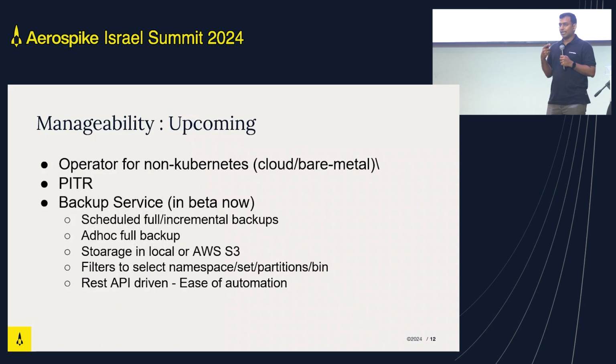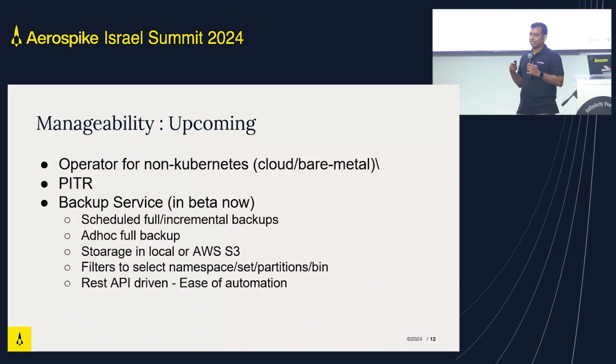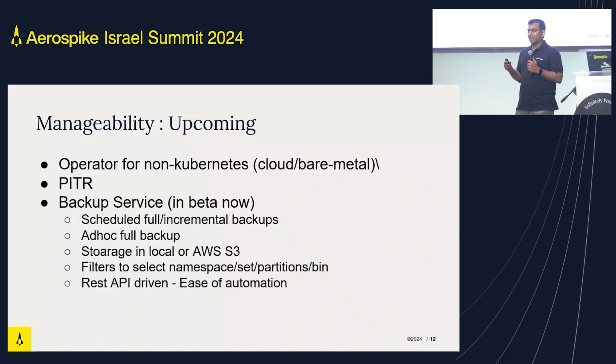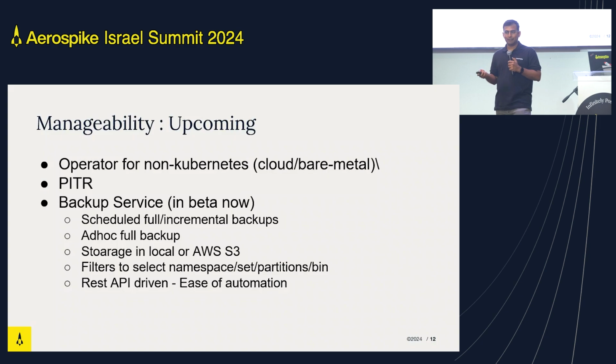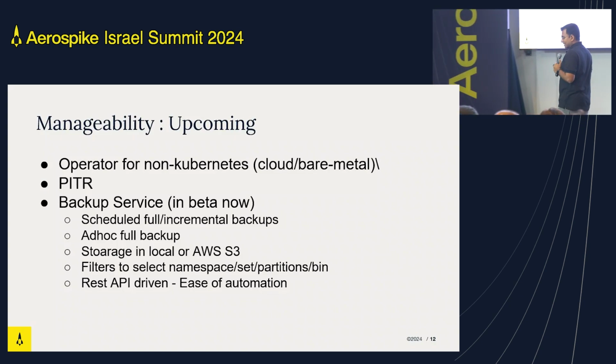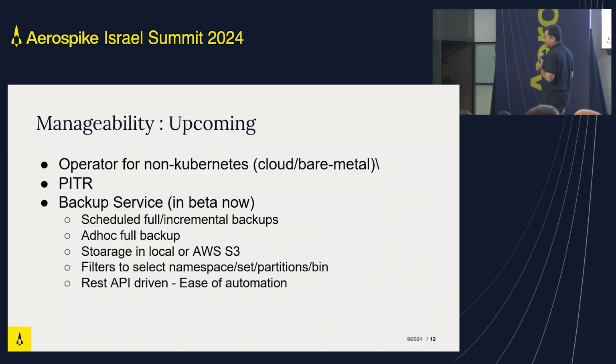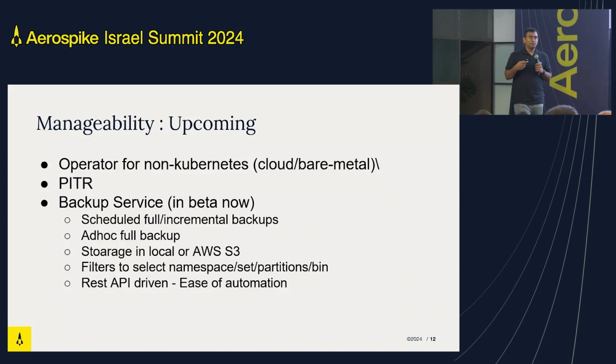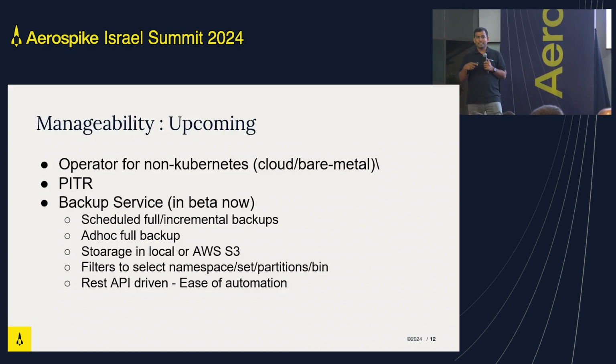So what is upcoming? We have solved the manageability for Kubernetes, we made it easy. But what about people who are not using Kubernetes, in a cloud environment or a bare metal environment? We do have a lot of customer base where people use it outside Kubernetes. So we are working on borrowing all the intelligence that we had in our Kubernetes and try to use it outside.